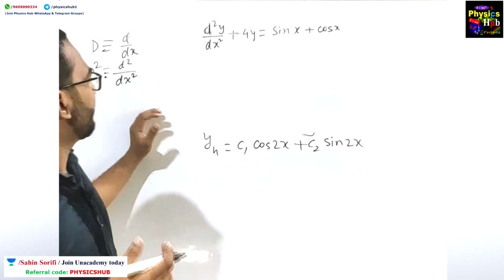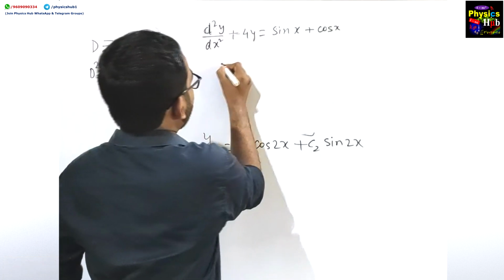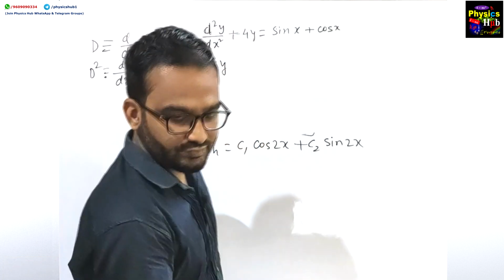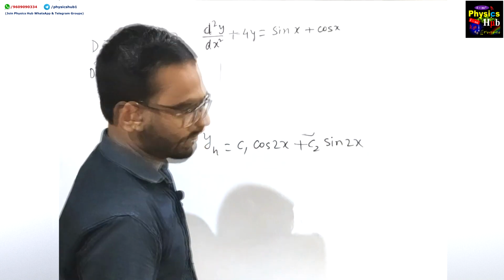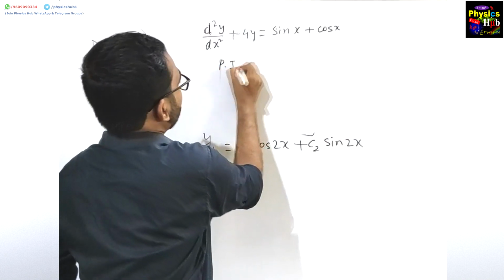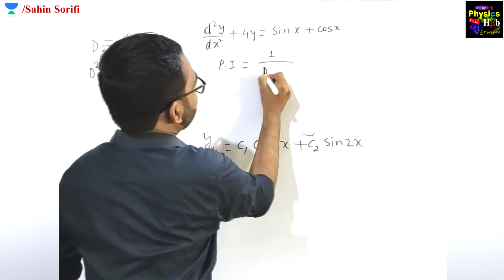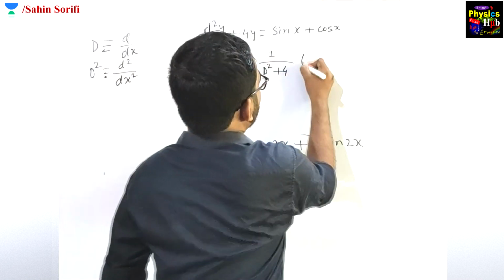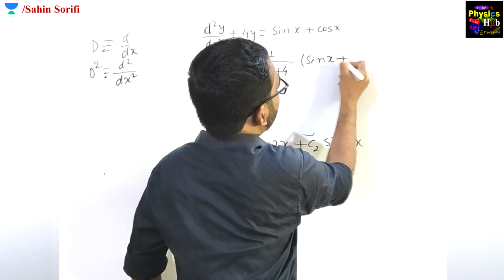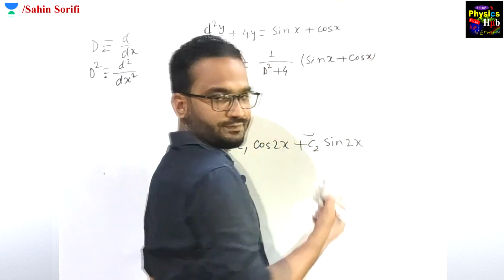We can write it in this way, and accordingly we can write the particular integral. Instead of y, we write the particular integral, which will be 1 by D square plus 4, applied on sin x plus cos x.